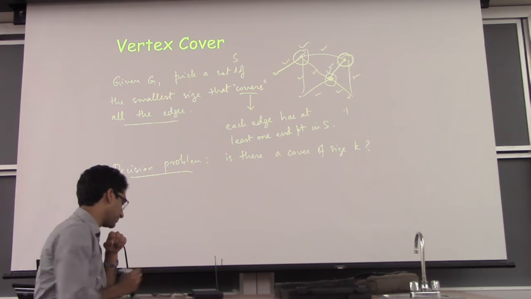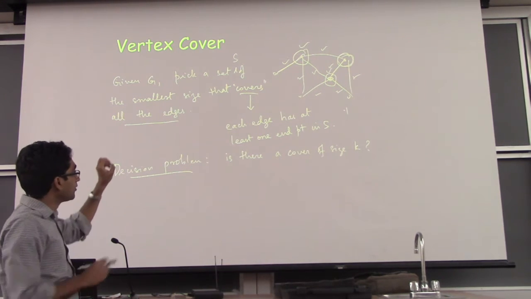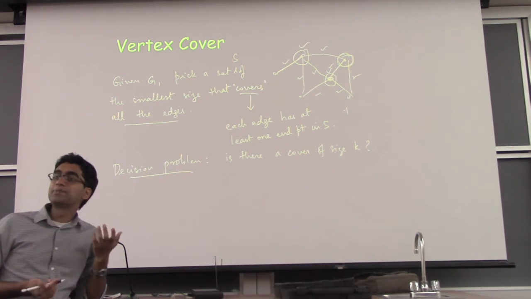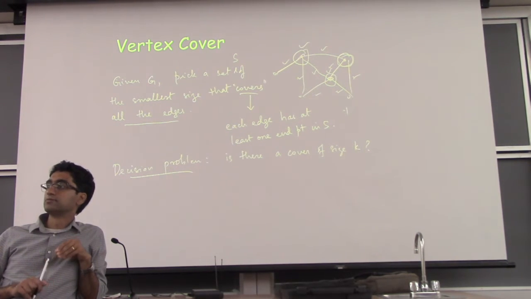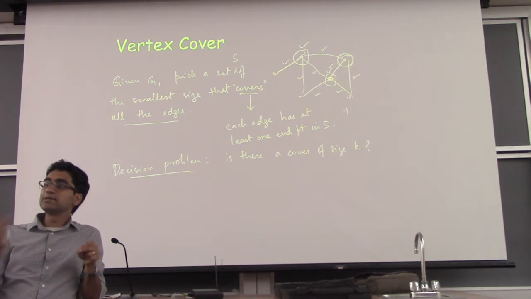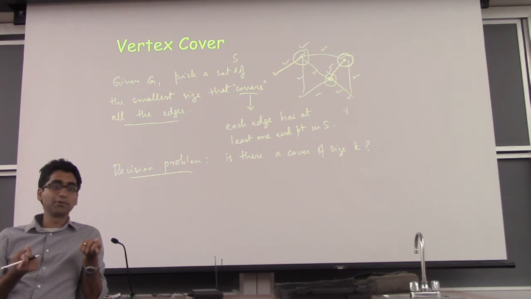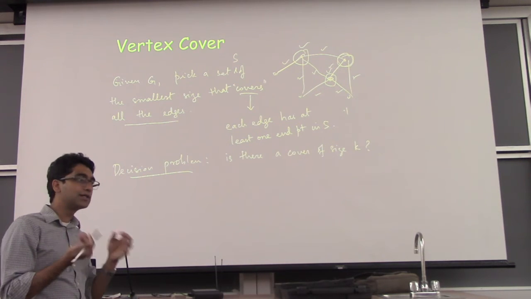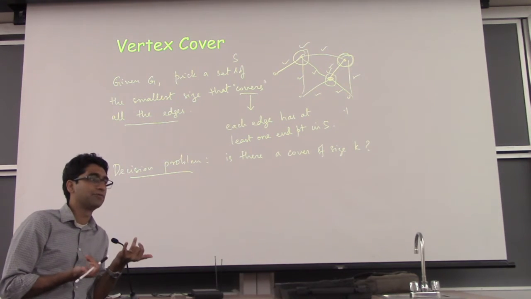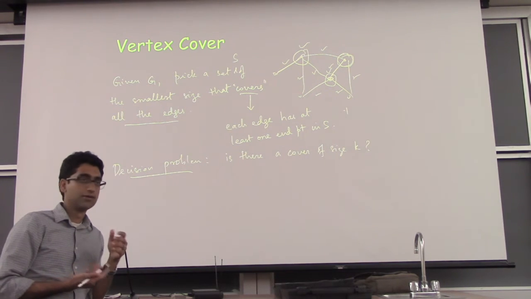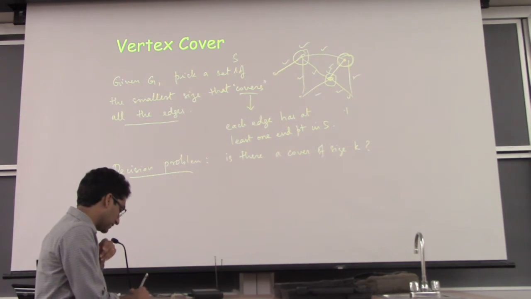If you look at vertices not in the cover, can they have an edge between them? If they had an edge, then this would not be a valid vertex cover, right? Because a vertex cover has to have one endpoint of every edge. So vertices not in the cover cannot have any edges between them, which means they have to form an independent set. So this is the connection between them.